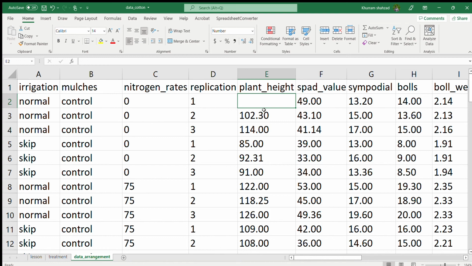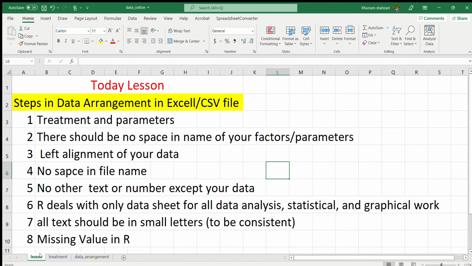So this is our lesson today. In today's lesson we understood that for treatments and parameters, we write treatments first and then parameters. There should be no space in our factors and parameters. All your data should be left aligned. No space in file names, and no other text or number except your data.